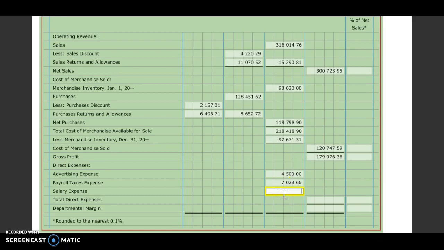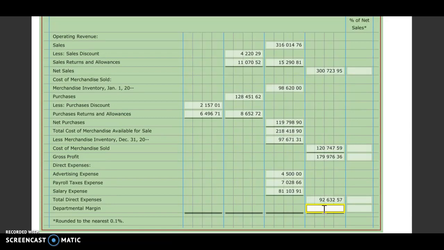And salary expense, $81,103.91. We'll add those three direct expenses together. We get $92,632.57.